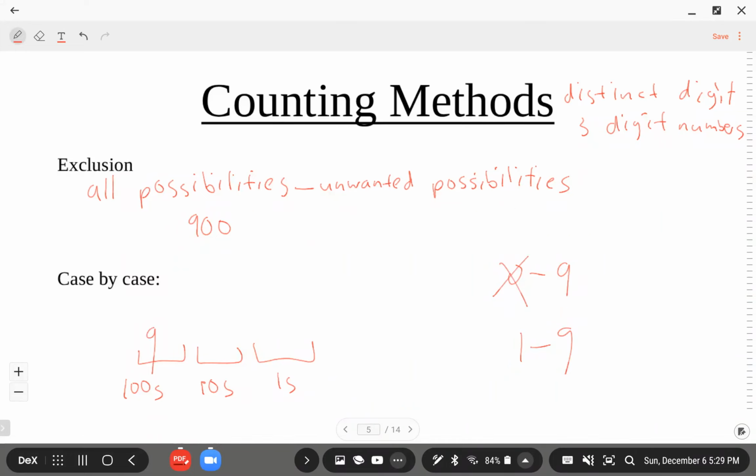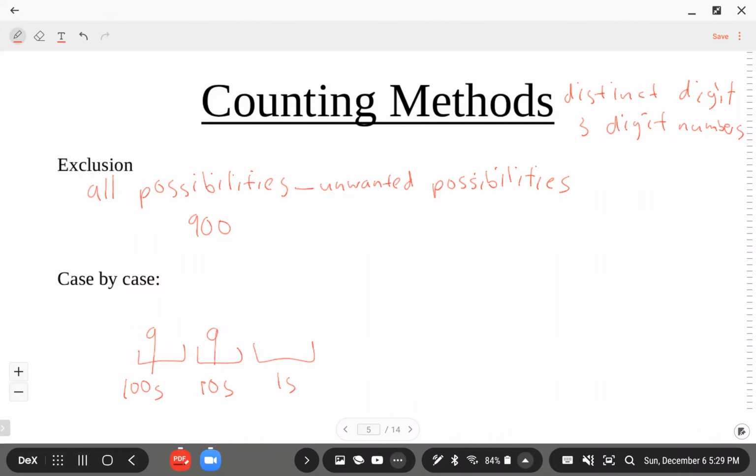Okay, so next we have our tens digit. How many possibilities do we have? Normally we would have 0 through 9. But right now we need distinct digits. You already used a digit for the hundreds digit, so out of our tens numbers, we only have 9 left.